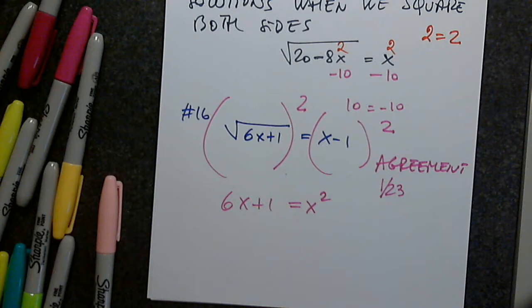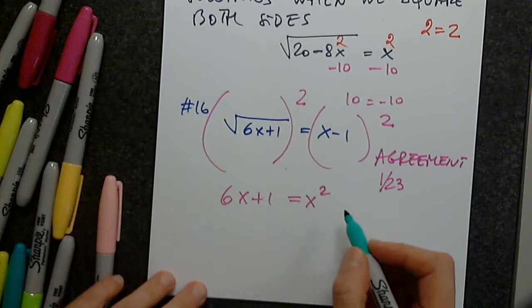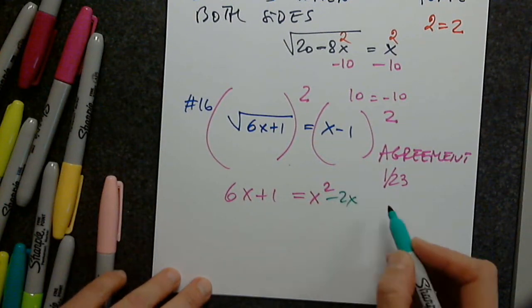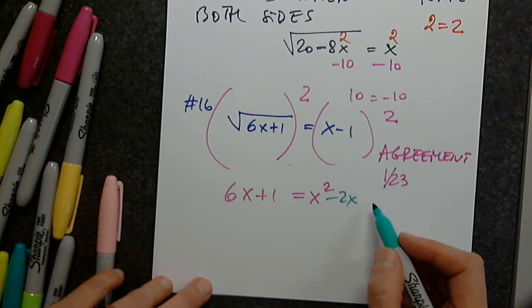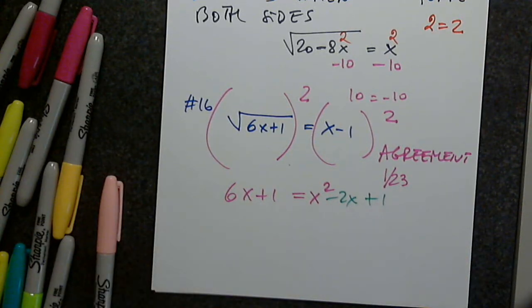Minus 2x. So what do I write? Minus 2x. That'll be plus. Very good. Awesome. First term squared minus 2 times the first times the second plus the second term squared. We need to review this before coming to class every time because then we're going to go back in time instead of moving forward.